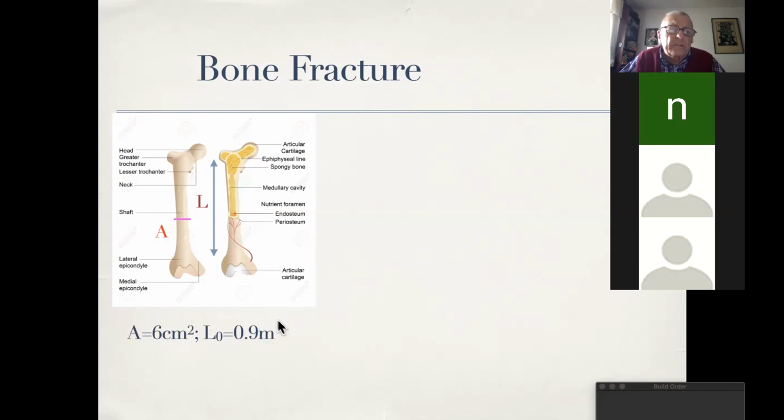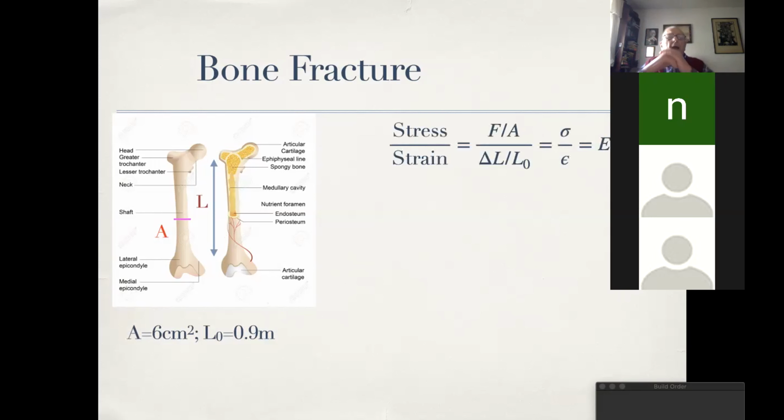So let's use our knowledge of elasticity to calculate a few things. I remind you of the stress-strain relation. Stress-strain relation is that ratio. So now I can assume I know the stress at which the bone breaks.